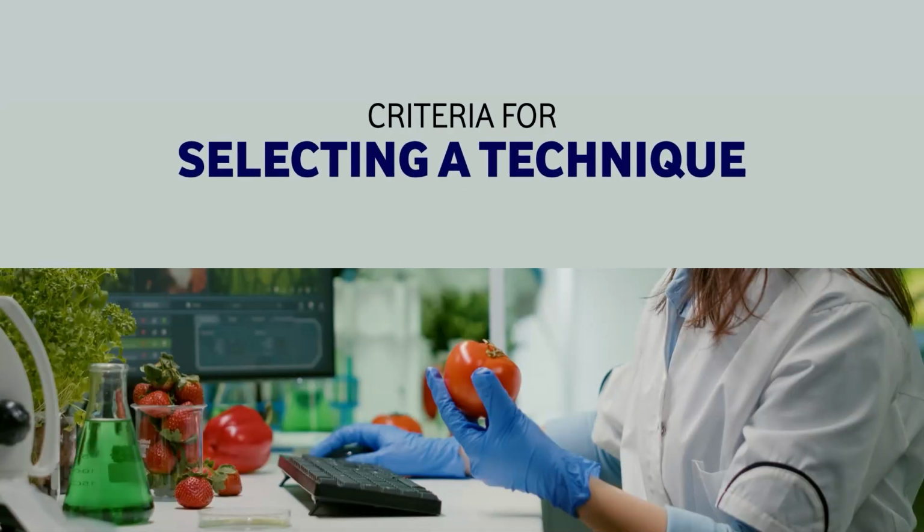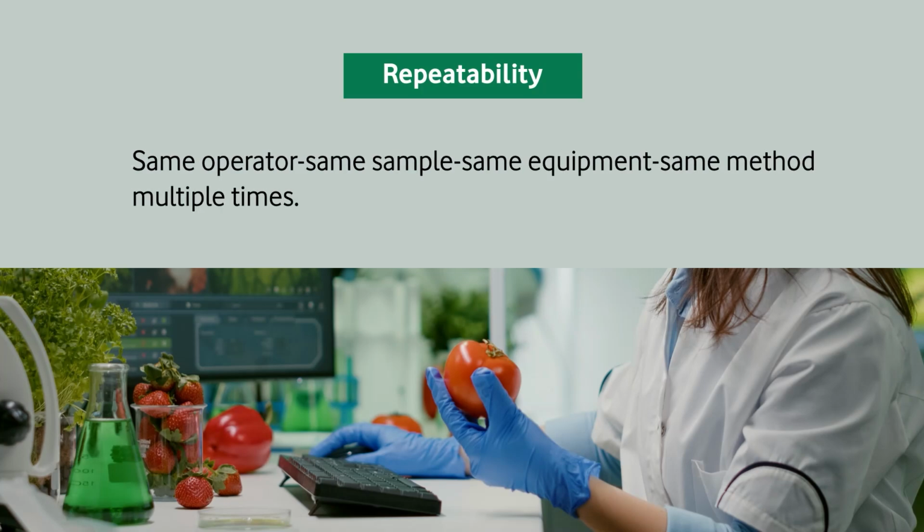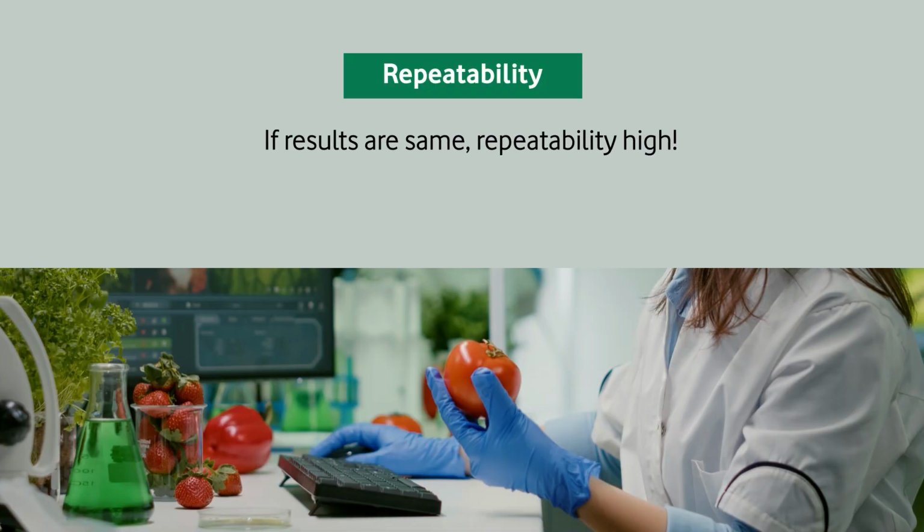When we need an instrument, we must understand which instrument is better. We check for certain criteria for an instrument. The first and foremost criterion is repeatability. What do we mean by repeatability? If the same operator, same sample, same equipment and same method, if the person is doing it multiple times in the same laboratory, in the same place, what is the result he is obtaining?